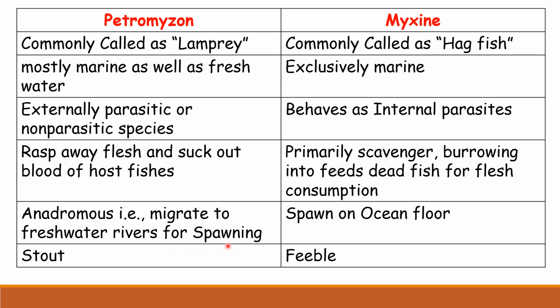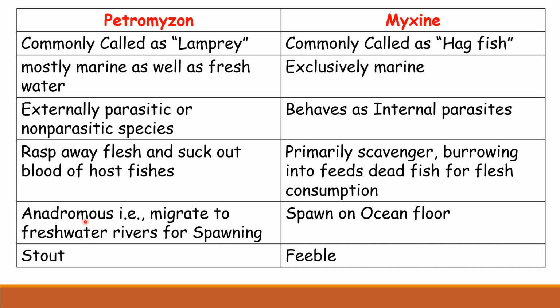For the purpose of spawning, the adult, matured lampreys start to migrate, because they are basically marine. For laying the eggs, they migrate against the water current, from marine waters to the upstream freshwater streams, only for spawning.